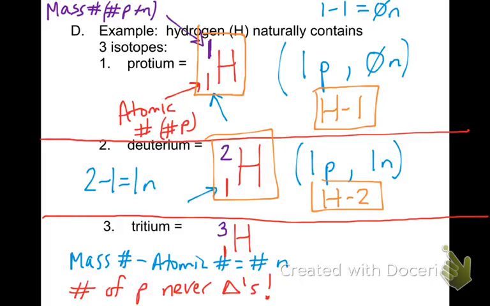So if we had to determine the number of protons, we've got 1 proton because our atomic number is still 1. Our number of neutrons, however, is now 3 minus 1, so we have 2 for neutrons. And another symbol that we would use would be H-3.